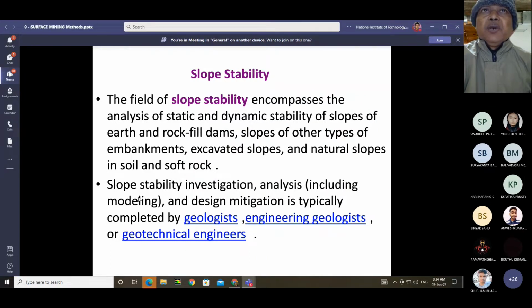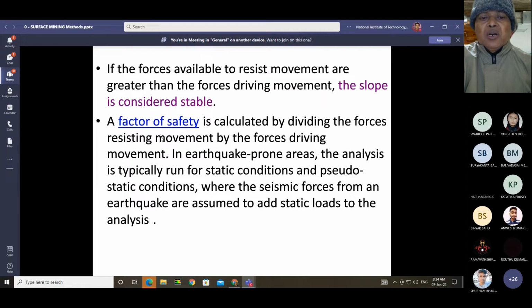Slope stability investigation and analysis, including modeling and design mitigation, is typically completed by geologists, engineering geologists and geotechnical engineers. If the forces available to resist the movement are greater than the forces driving the movement, the slope is considered a stable slope.